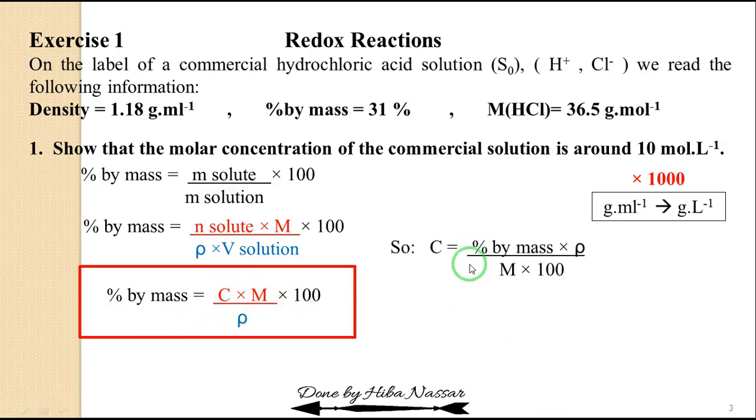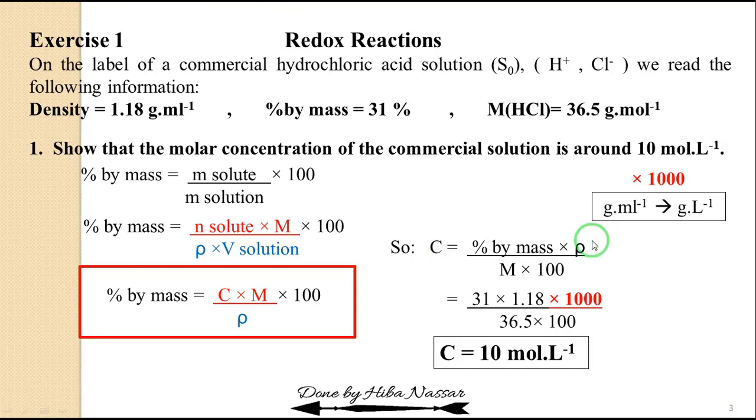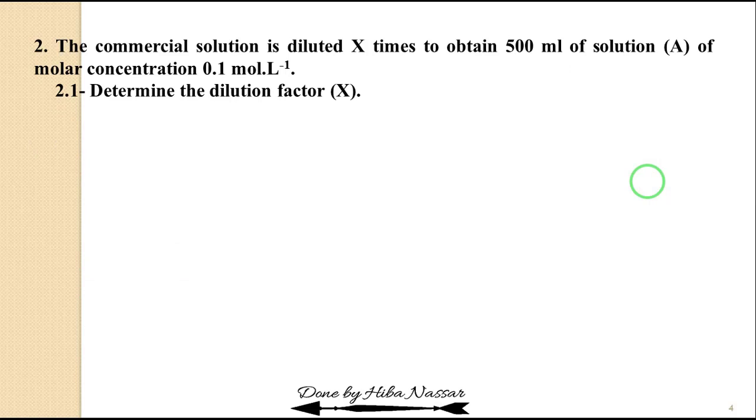So we can deduce that the concentration for this solution is equal to 10 mole per liter. But here don't forget to convert the density from gram per milliliter to gram per liter by multiplying by 1000. So it's proved.